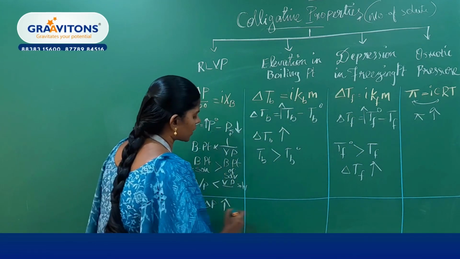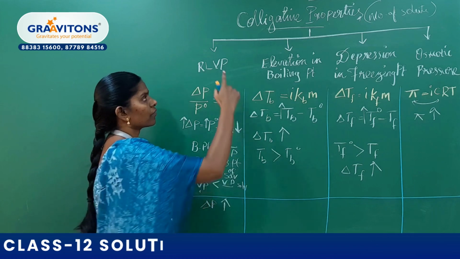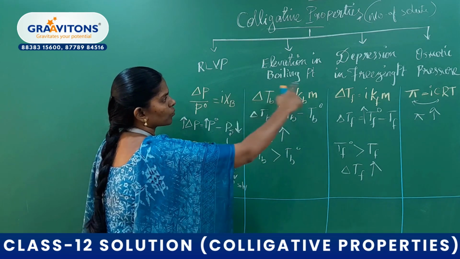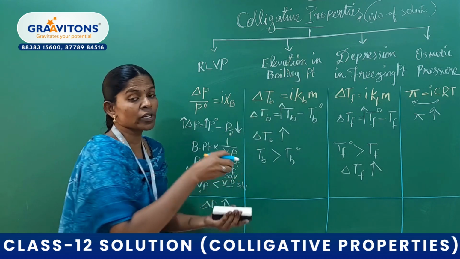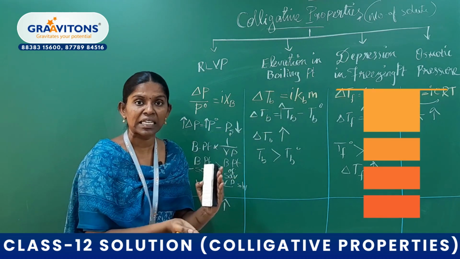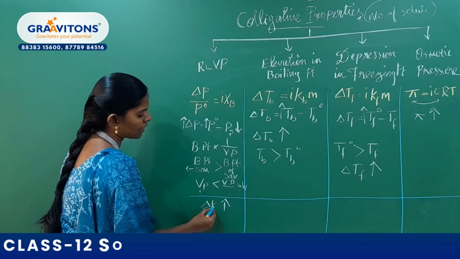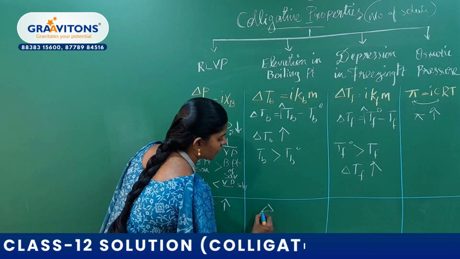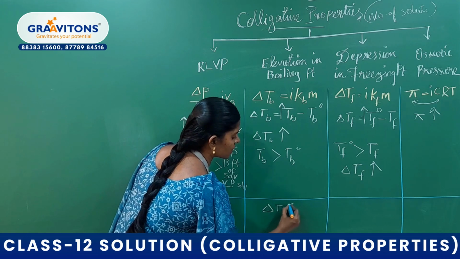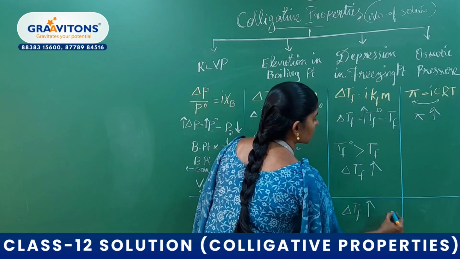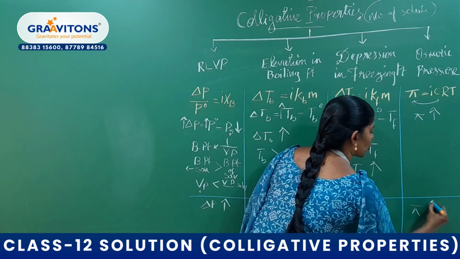So I can come to a conclusion that in colligative properties, when the number of solute particles in the solution increases, delta P increases, delta TB increases, delta TF increases, and osmotic pressure also increases.